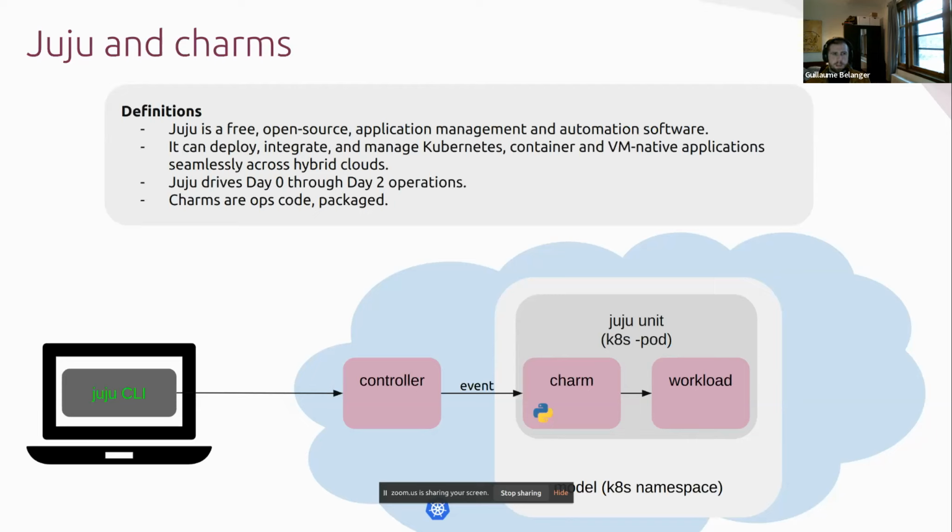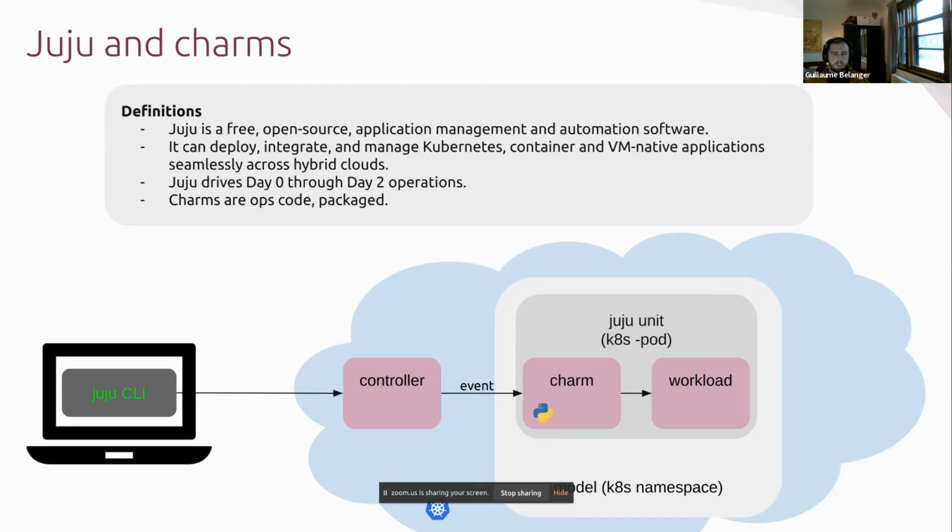And by operations, I mean upgrade operations, if you want to scale, if you want to relate applications, if you want to configure it as well. So different types of operations that you might want to do. Now, instead of those operations being stored inside of maybe scripts that you have inside of your company or inside of the head of some of your developers, now all those operations are coded inside of Python code.